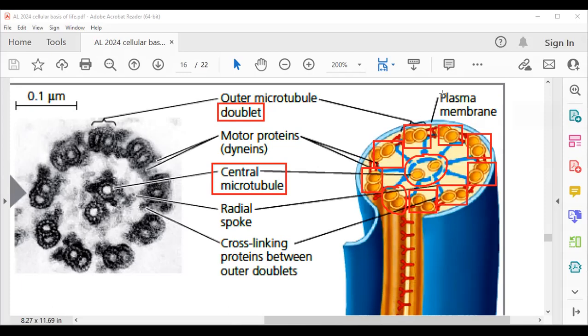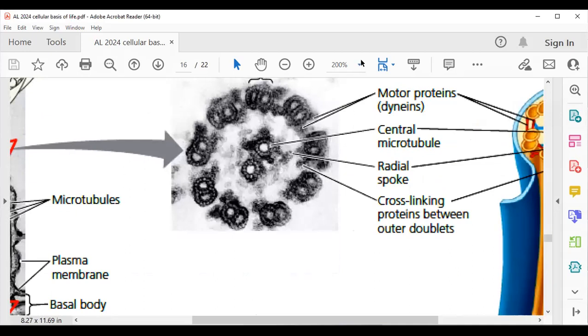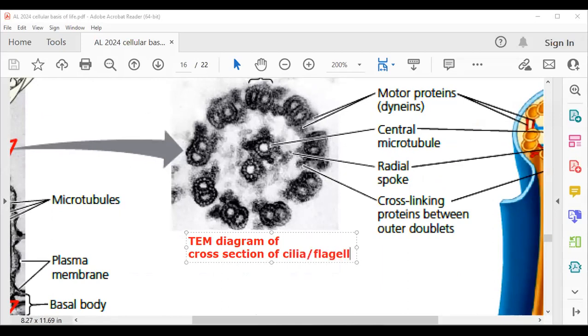If you take this middle diagram, it is the TEM, transmission electron microscope, diagram of the cross section of cilia or flagella. Mark it down.